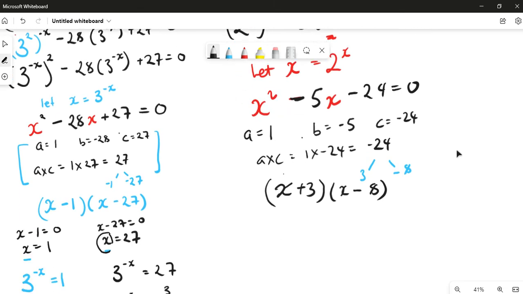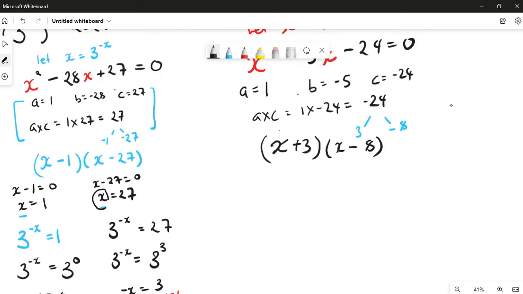Now we equate each to 0. x plus 3 equals 0, x minus 8 equals 0. So x equals negative 3 and x equals positive 8.